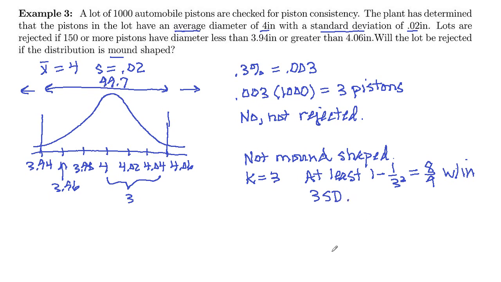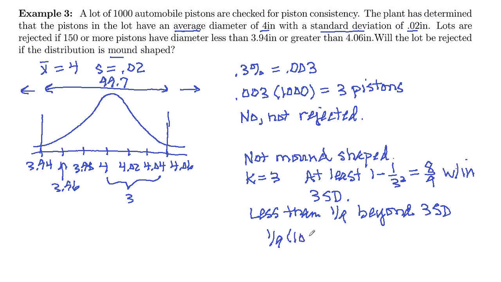So that means that if at least 8/9 is within here, then there is going to be less than 1/9 on the outside. So less than 1/9 is beyond or past 3 standard deviations. So we take that 1/9, multiply it by 1,000.